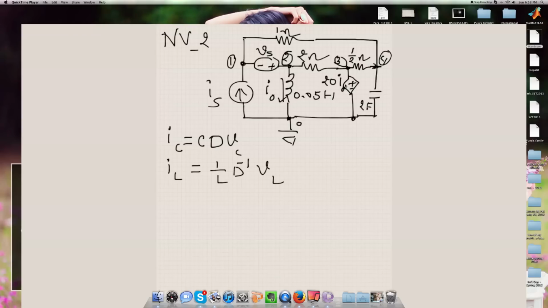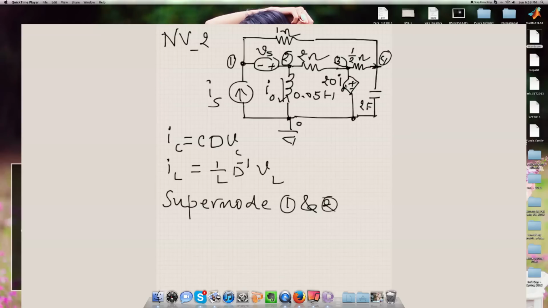So to not get in that situation, we will consider nodes 1 and 2 as a supernode. So let's go ahead and write supernode consisting of node number 1 and 2.